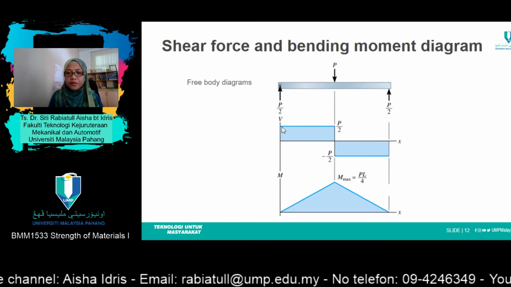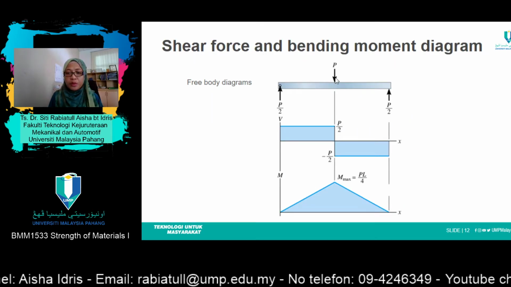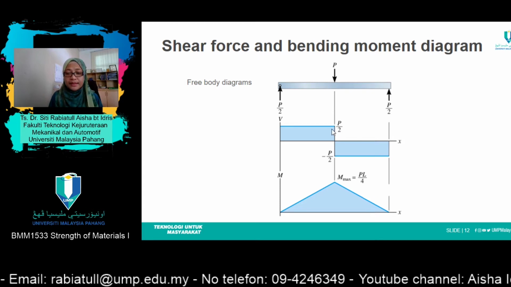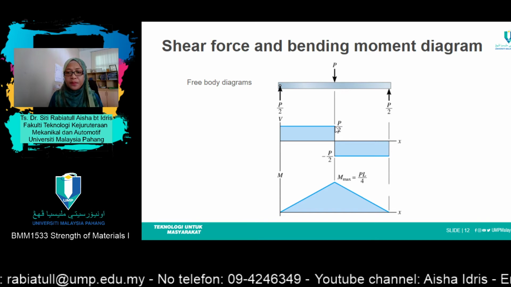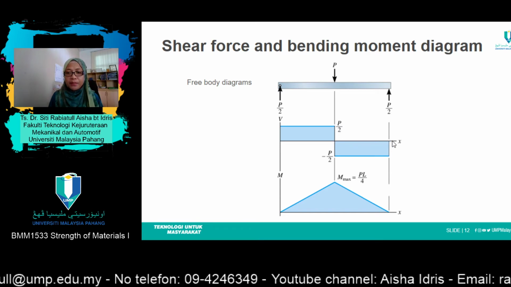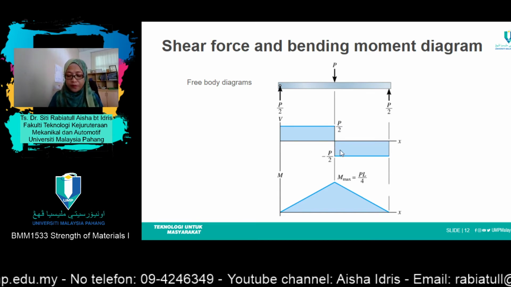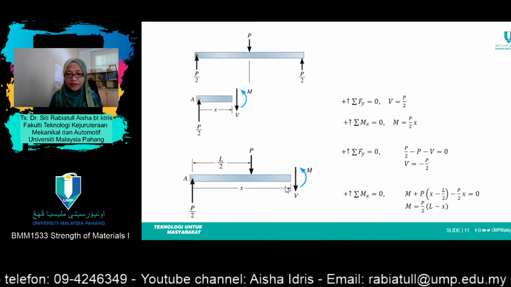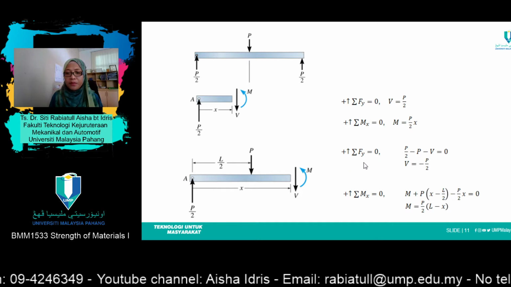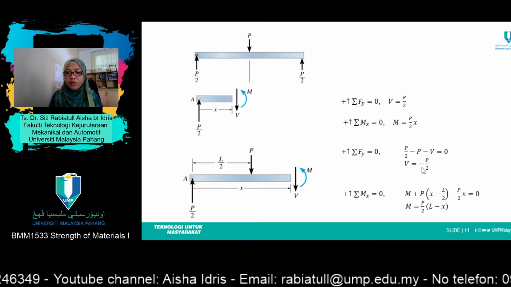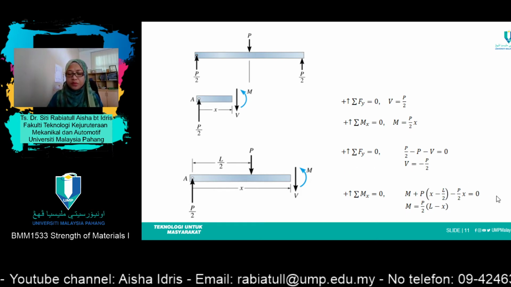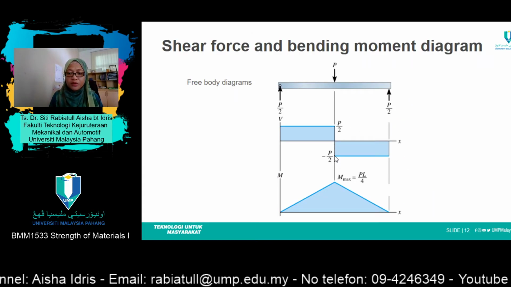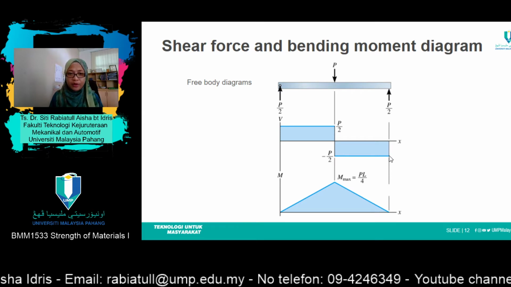So V equals P over 2 until this point, which is L over 2. Now, from this point until that point, what would be the value of shear force? Refer back to the section that you have cut here, and you'll get V equals negative P over 2, so go back to your diagram, negative P over 2 until this point.